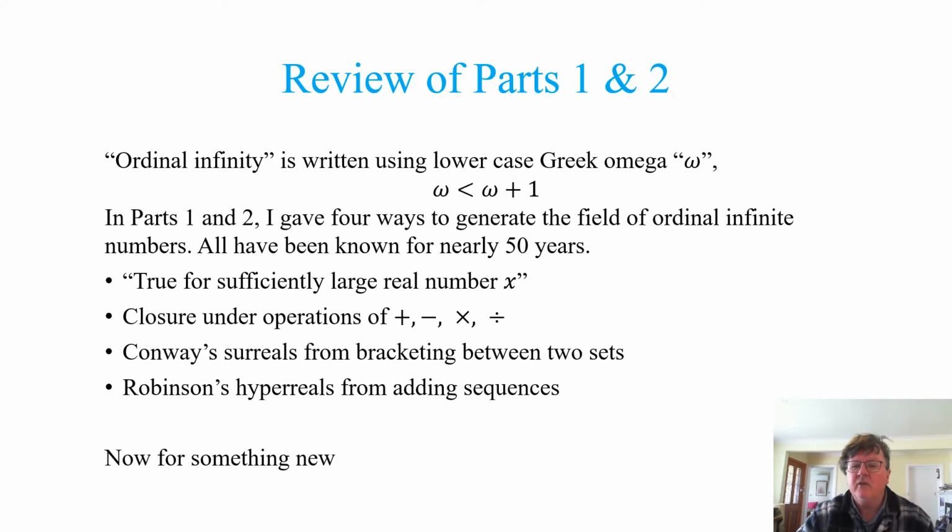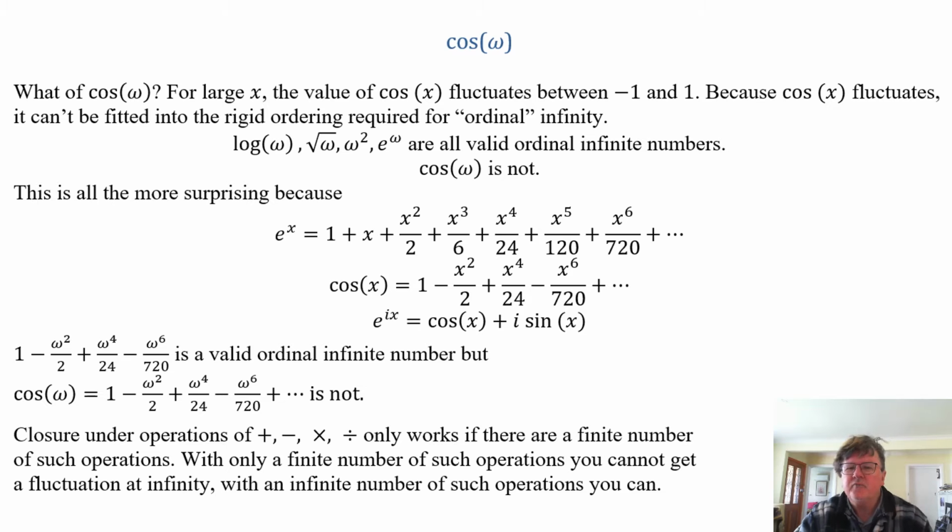But now for something new. What of cos of infinity? For large x, the value of cos x fluctuates between -1 and 1. Because cos of x fluctuates, it can't be fitted into the rigid ordering required for the number line of ordinal numbers, which contains ordinal infinity.